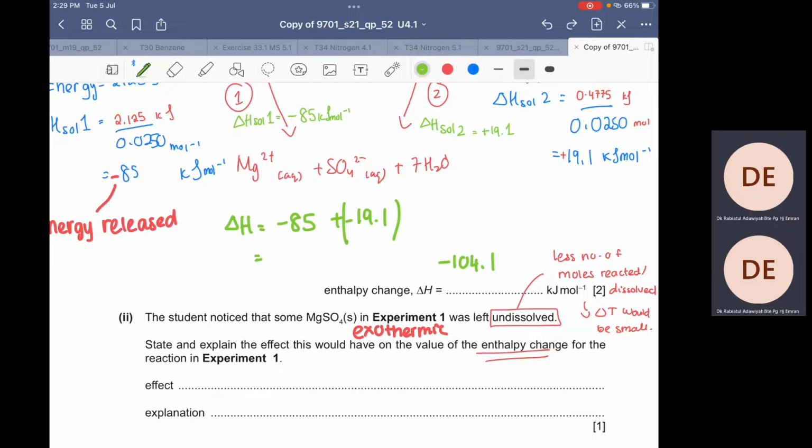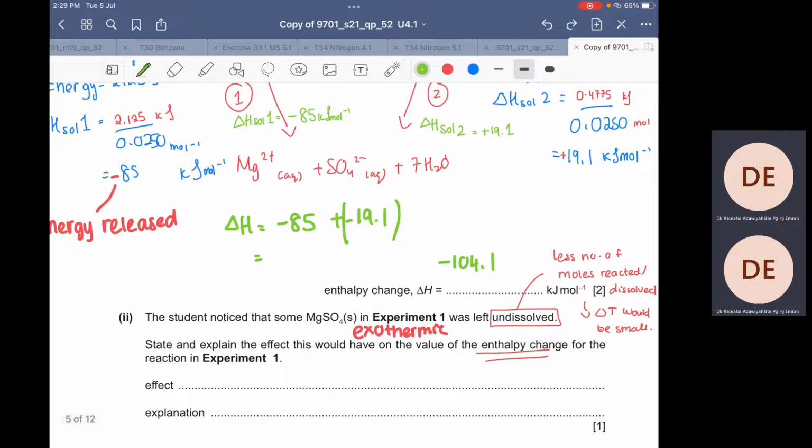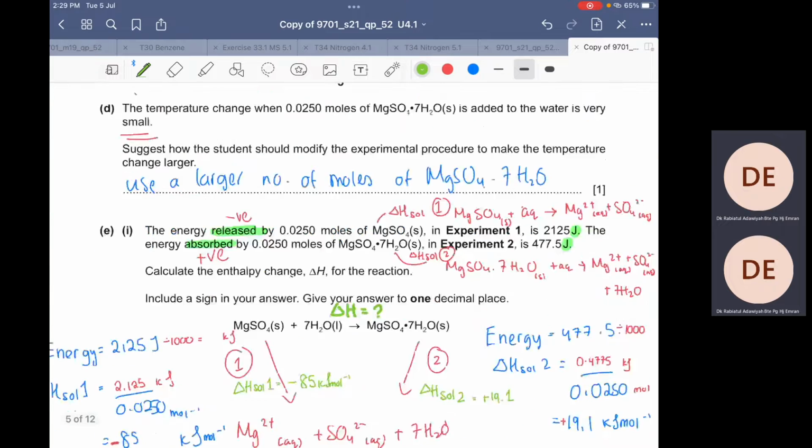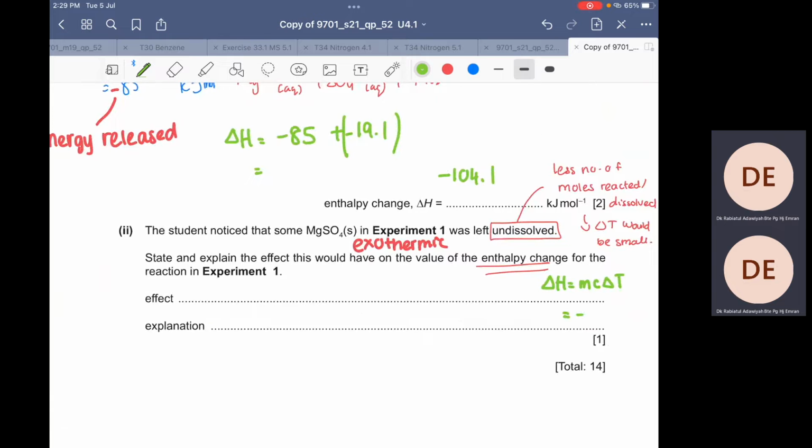say and explain the effect. So it will now be small delta T. So if you remember, delta H is equals to MC delta T. Experiment 1 was exothermic, so it's negative MC delta T. If your delta T is small, what happens to your delta H?